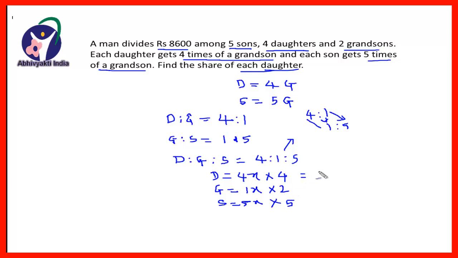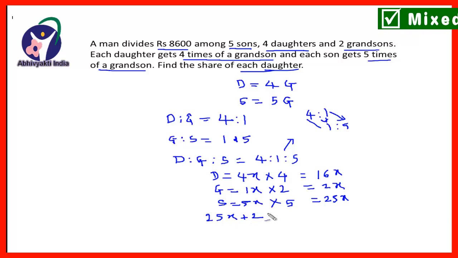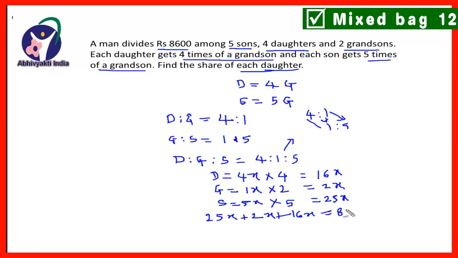So you get 16x, 2x, and 5 fives are 25x, and this sum should be equal to 8,600. Therefore 25x plus 2x plus 16x is equal to 8,600.